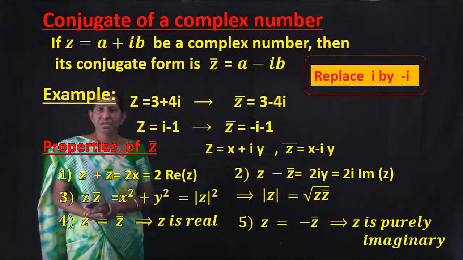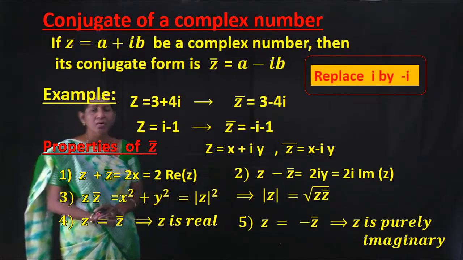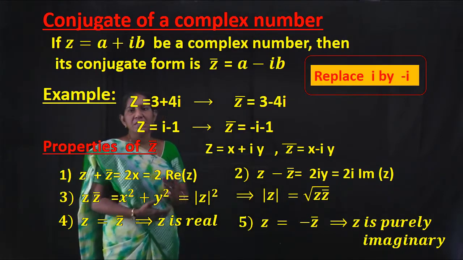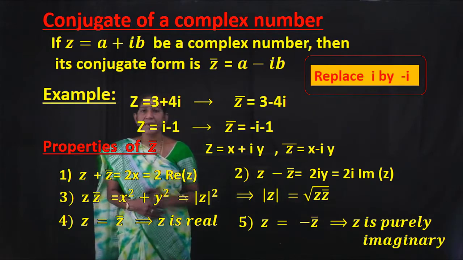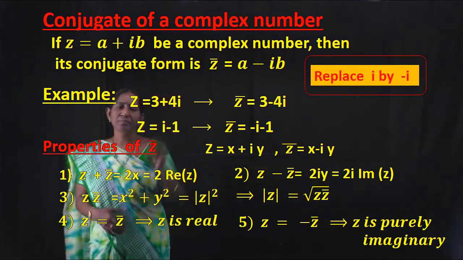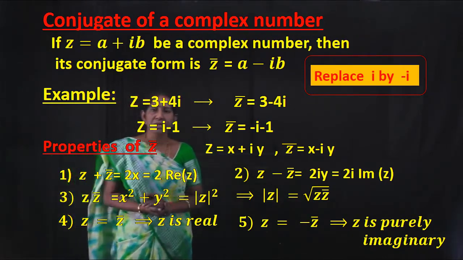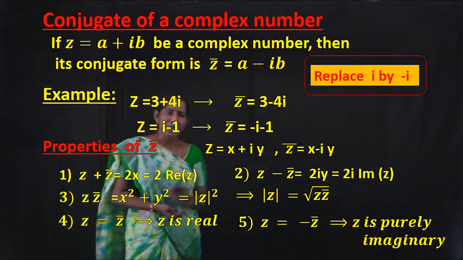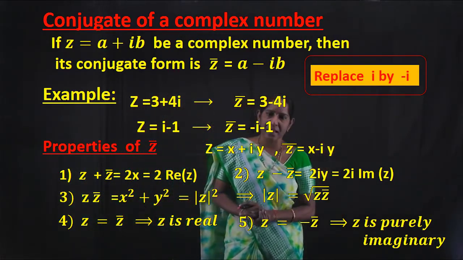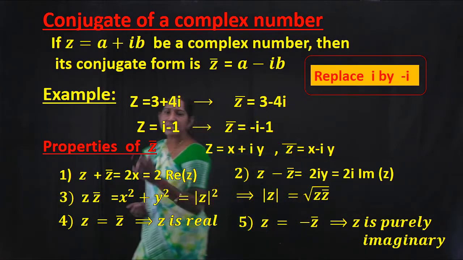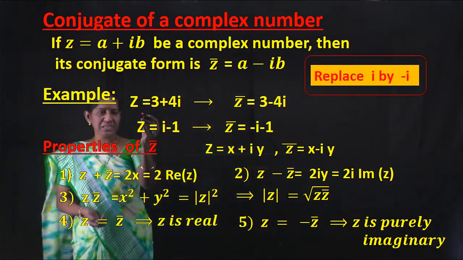Next definition is conjugate of a complex number. If z equal to a plus ib is a complex number, then its conjugate is z bar, that is equal to a minus ib. So replace i by minus i. See the example. Suppose z equal to 3 plus 4i.